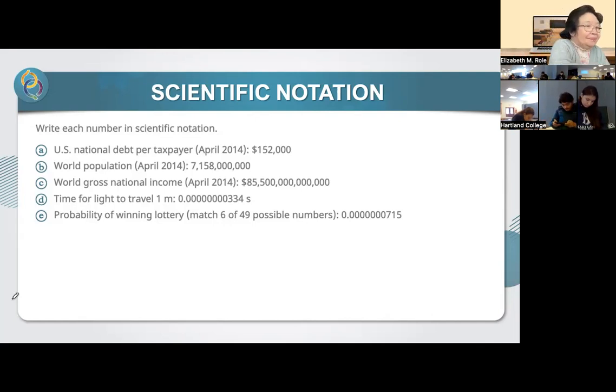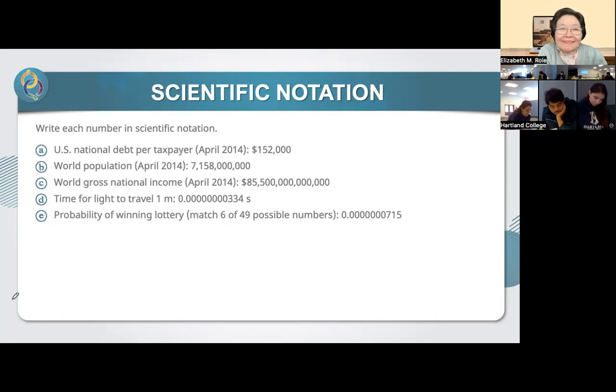Okay, let's see. There are 5 of you, so each one will give your answer. There are A, B, C, D, E. Okay, who wants to give an answer for letter A? Yes. 1.5 times 10 exponent 5.